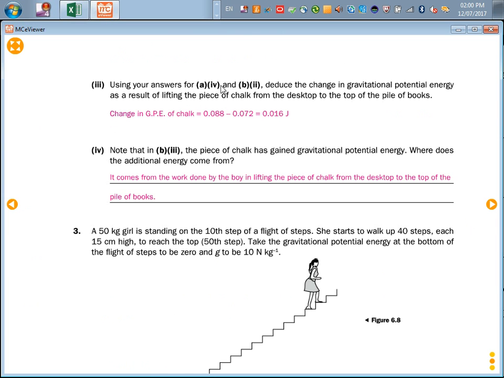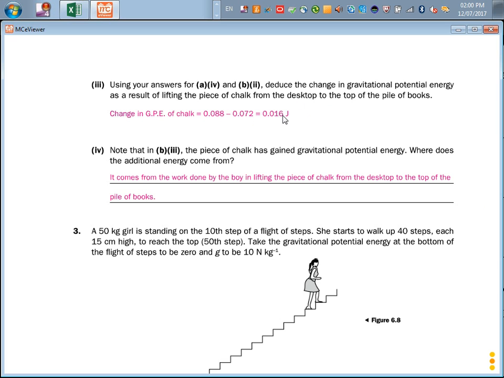So now, deduce the change in gravitational potential energy. It is just a subtraction: the gravitational potential energy from the top of the pile of books minus the gravitational potential energy when it is on the desk. So this is the change in gravitational potential energy. Where did this energy come from?